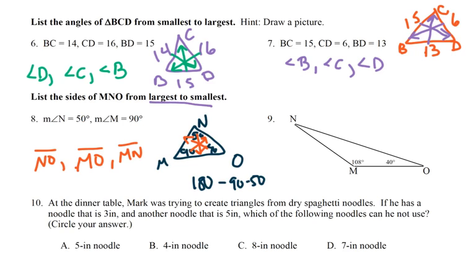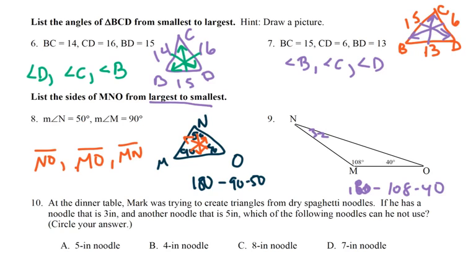Excellent job, you guys. Same here, I still want to do the triangle angle sum theorem to see what angle N is, just in case. We don't know what it is, and I want to make sure I order it correctly. So I'm going to do 180 minus 108 minus 40, which will give me 32.